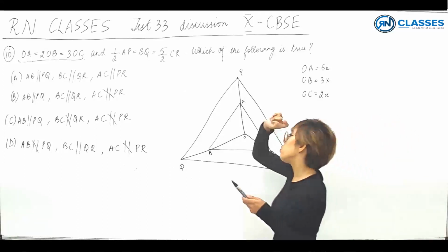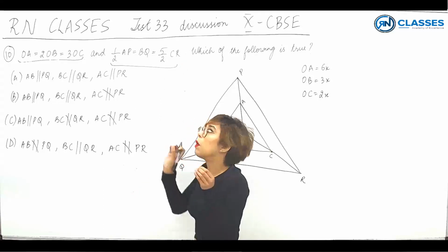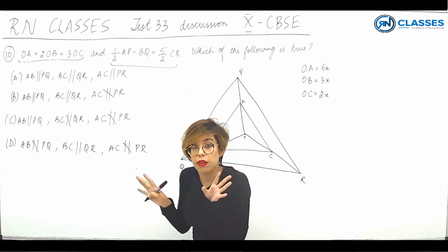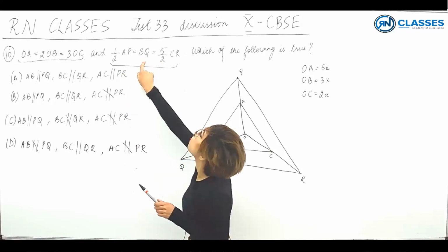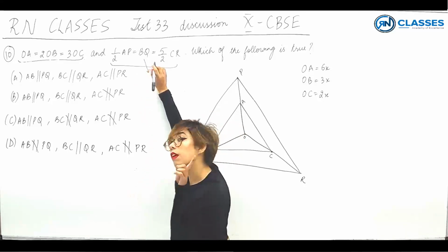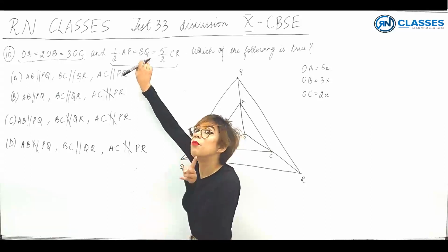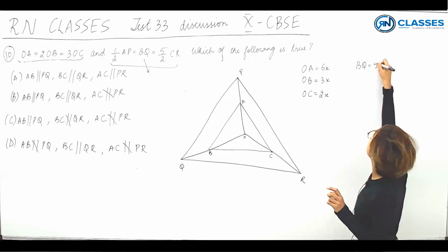Now, I need to make use of this. Now, I need to decide which quantity I should consider to be y. Now, I have to take another variable. Now, here there is a fraction. I consider this not y because here 5 is involved. I'll consider this as 5y. So, BQ I'll consider as 5y.